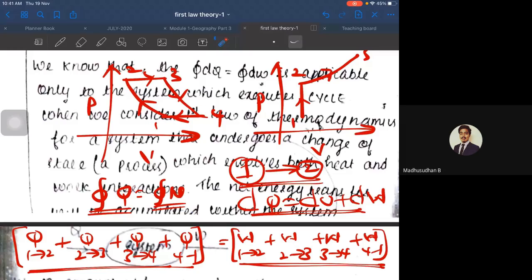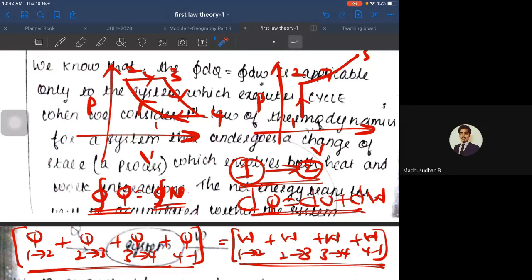First law for the entire cycle. Delta Q is equal to total work done. Not clear. Omar Zidane, not there. Praveen Suryakant. Praveen, so how do you apply the first law for the entire cycle like this, which I highlighted?